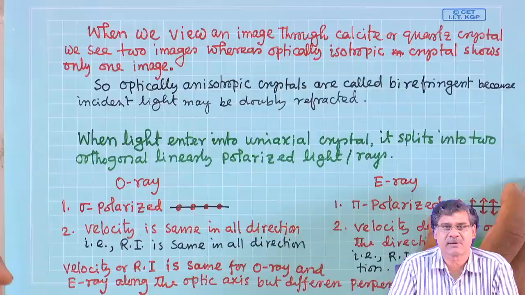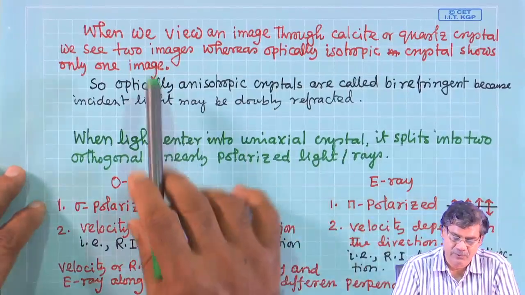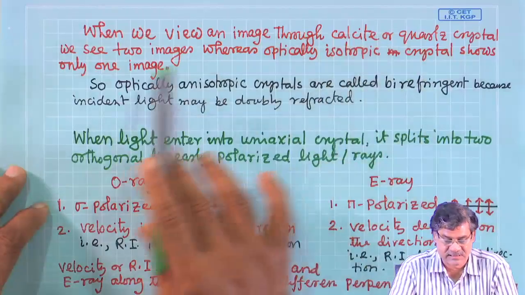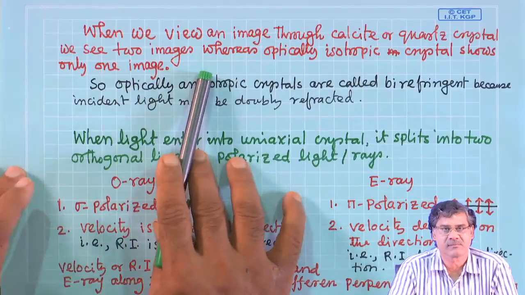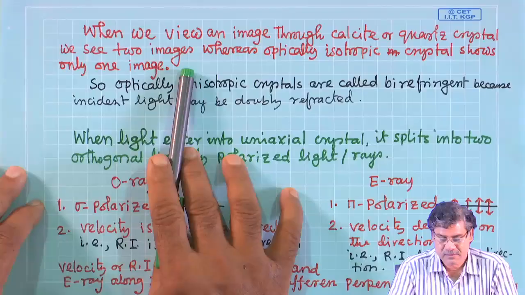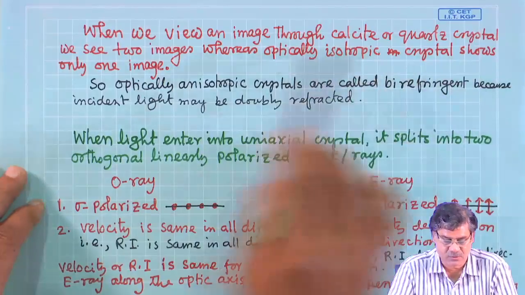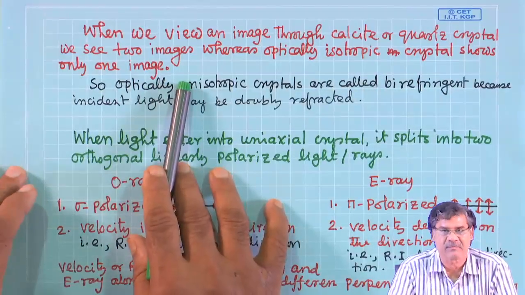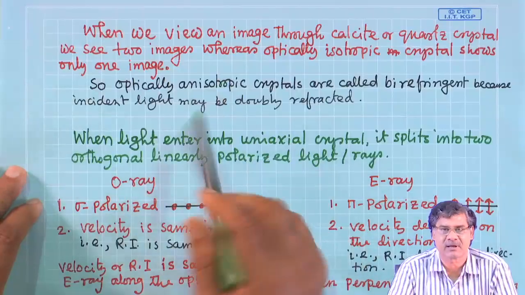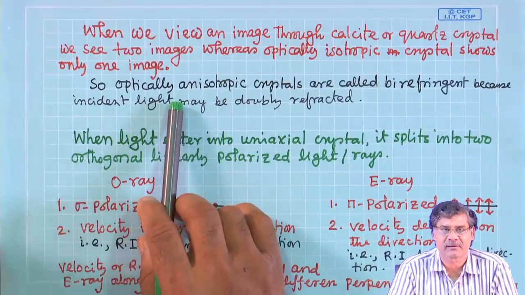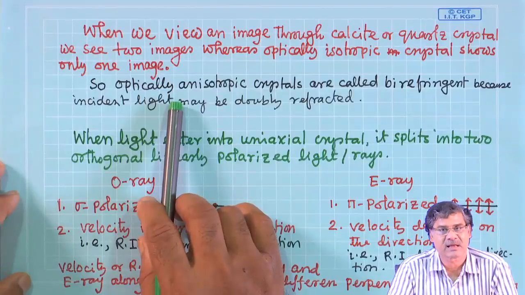In case of double refracting crystal, when we view an image through calcite or quartz crystal, we see two images, whereas an optically isotropic crystal shows only one image. As I mentioned, if you see through the glass, generally we are familiar with this type of refraction. So, that is isotropic medium.